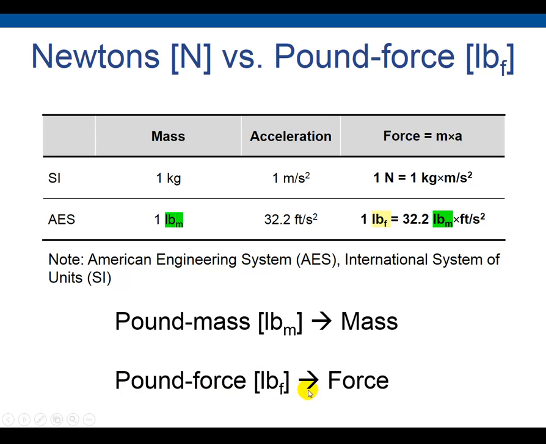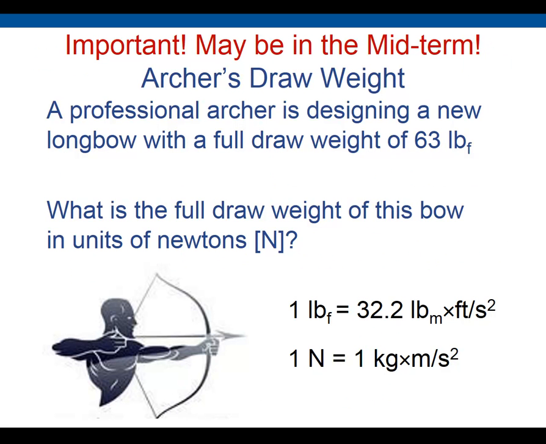Pound force is actually force, it's not mass. So remember these are different, and also the dimension is different. This is very important. Maybe in the midterm, I will definitely ask this question in the midterm.